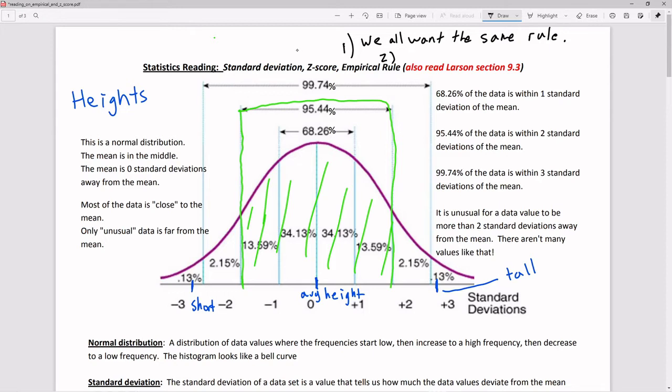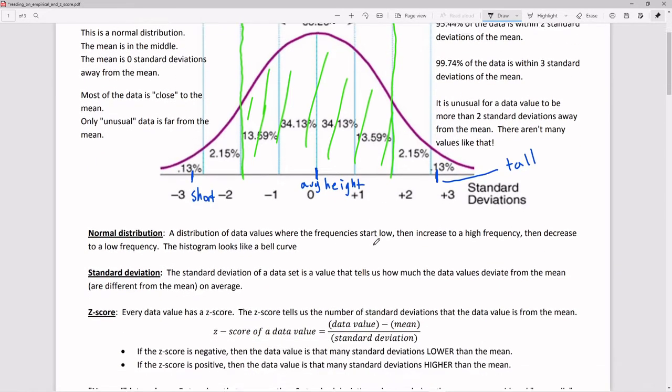We stink at this a little bit sometimes. Because of that, it just makes a lot of sense for us to say, let's all write down the same rule and just use that. So that's what we're going to do. That's the big overall idea of what's going to happen here.